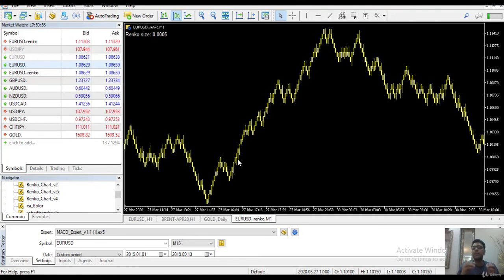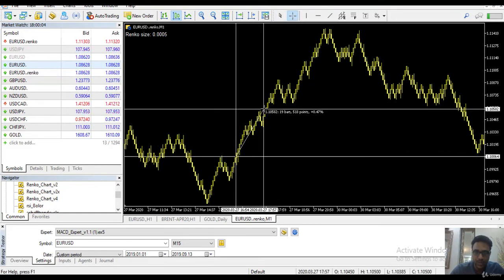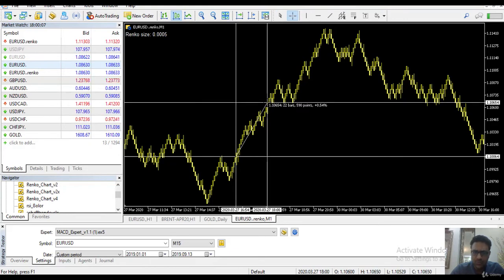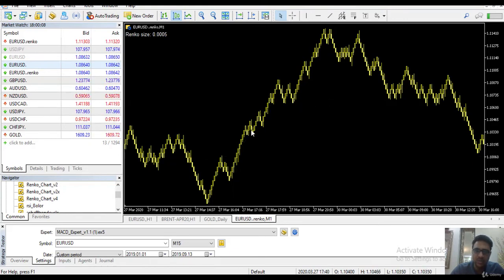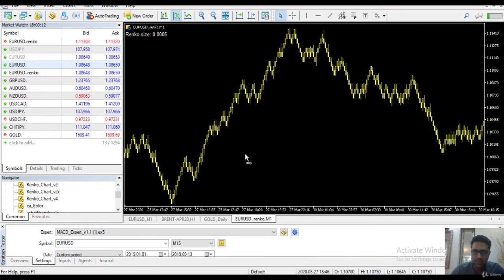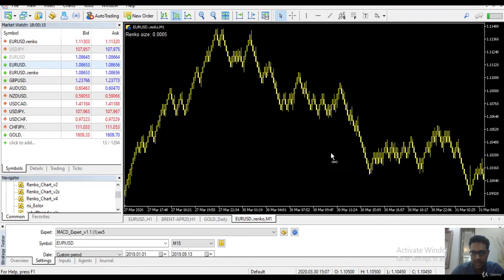Renkos only represent the price movement. So this is the price, this is how much it has moved, around 59 pips, and there were some hiccups all the way up here. This is how Renkos are basically made.